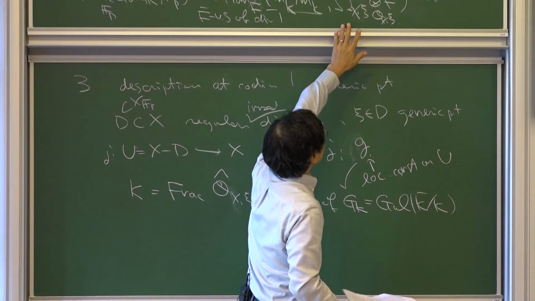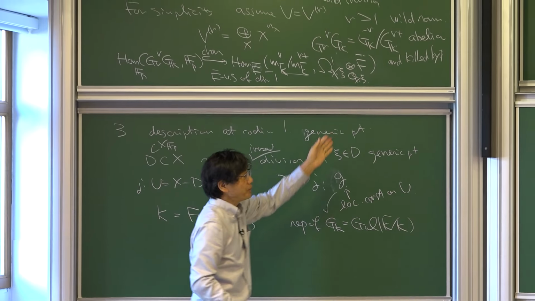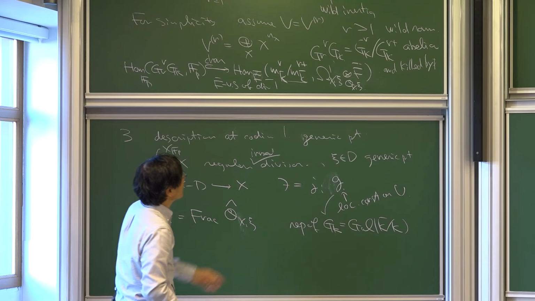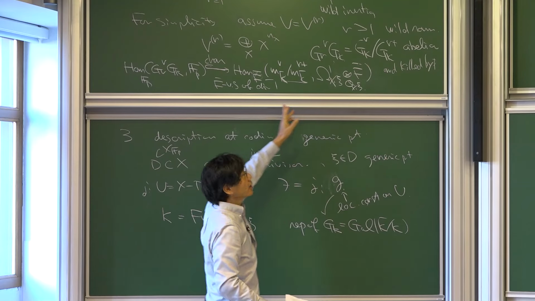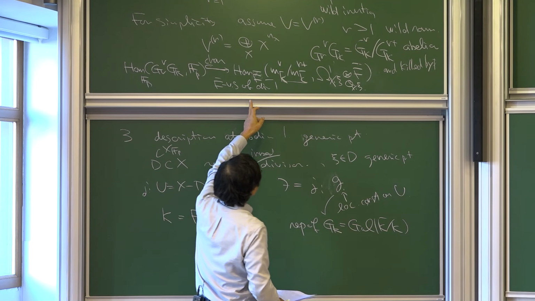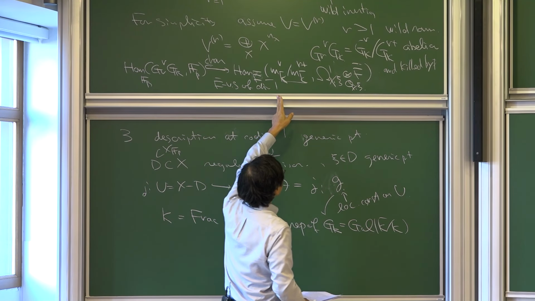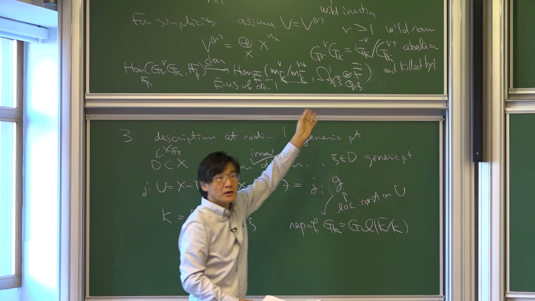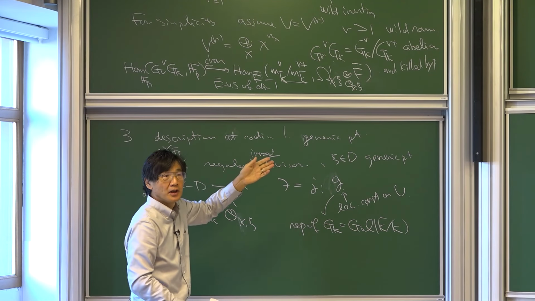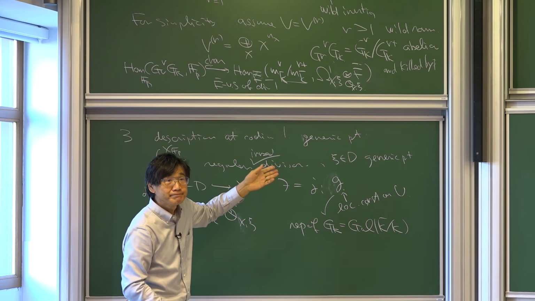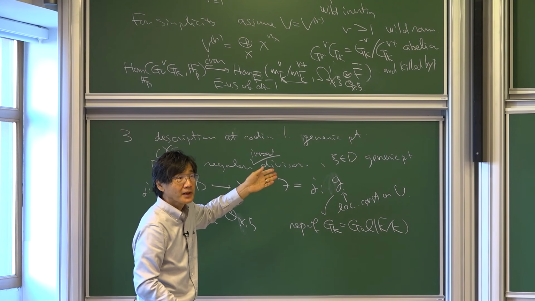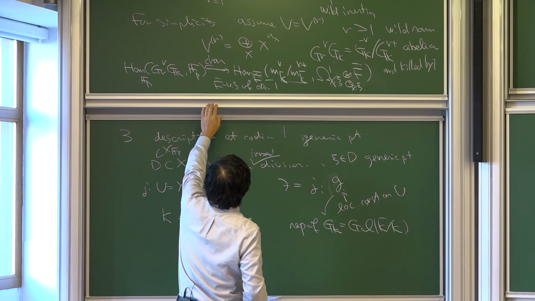So the target here is the geometric fiber of the cotangent bundle, and we have a map from the line to the fiber of the cotangent bundle. This map is analogically defined.